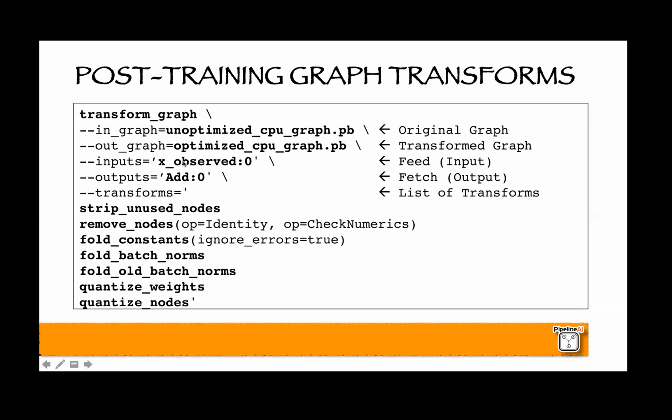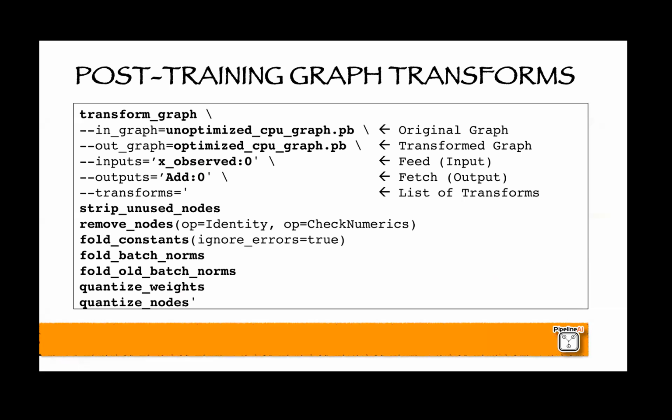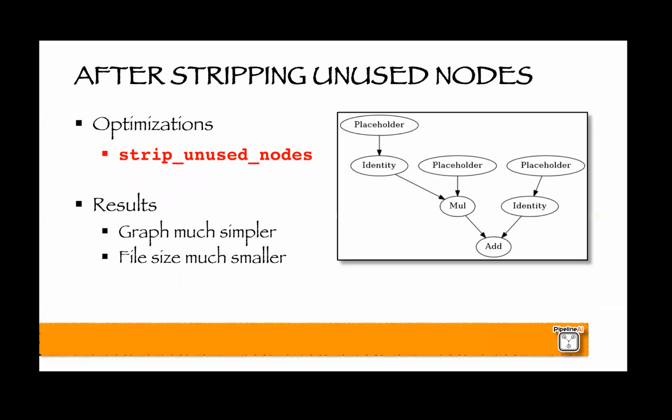I'm giving it the input, which in our graph is called x_observed, and the output is the operation for our fetch. That gives it the start, the finish, and all the transforms we want to happen. With just one transform, we go from that big gobbledygook down to just this.